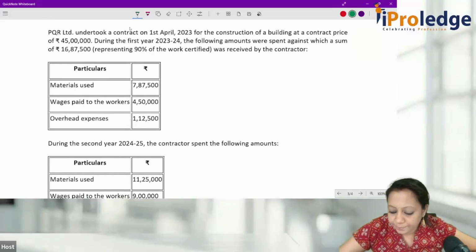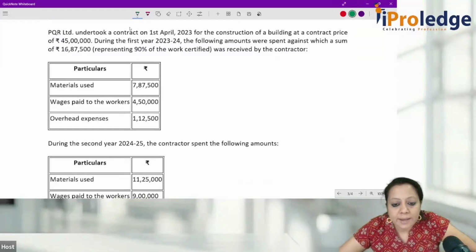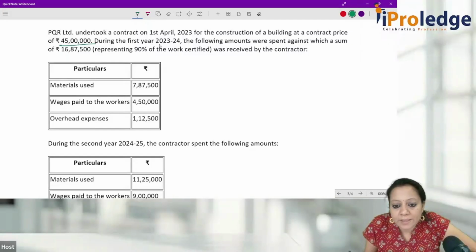So now, question number 5. PQR Limited undertook a contract on 1st April 2023 for the construction of a building at a contract price of 45 lakhs. So the contract price is given to us. During the first year, we should note down the date on which they started, April 1st.